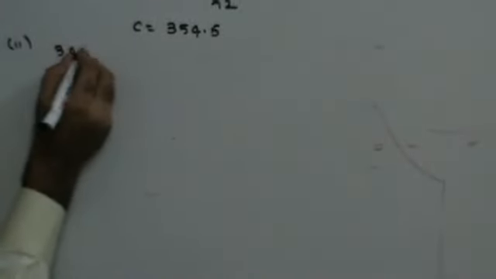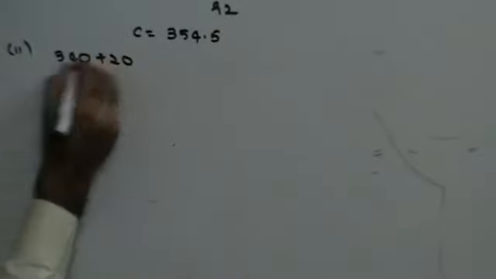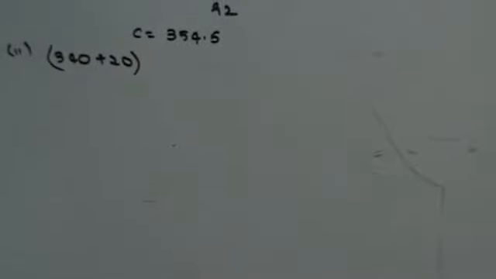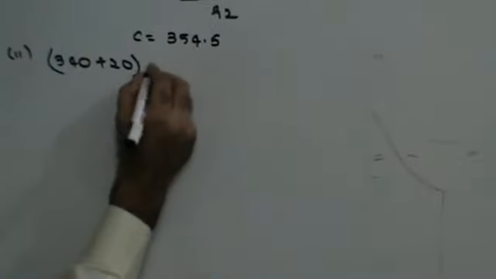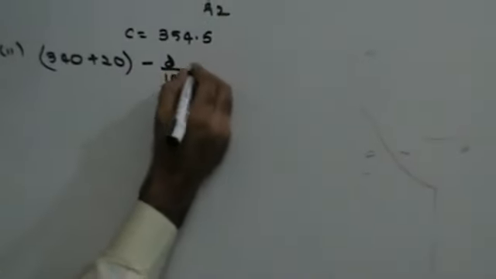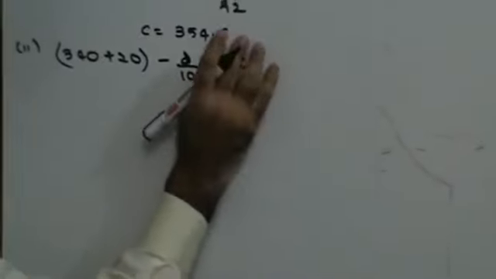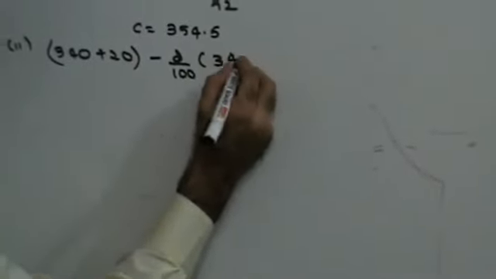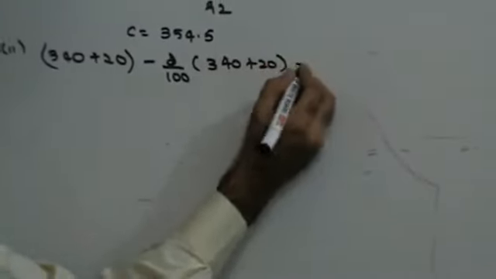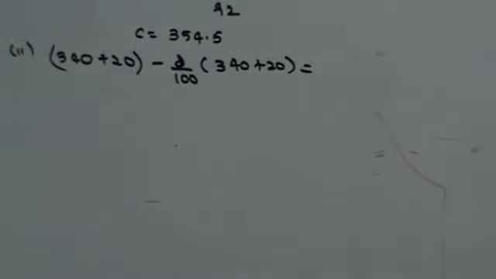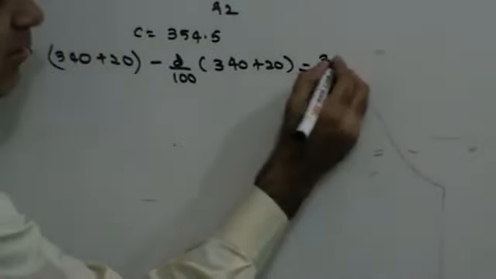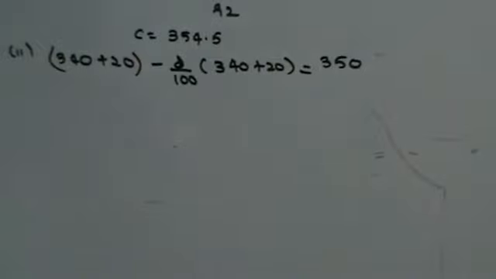Let's see this. I had 340 centimeters of water on Tuesday evening, plus I added 20 centimeters of water on Wednesday morning, out of which I removed d% of water. Out of the total water, d% of water was removed. So at the end on Wednesday, I had 350 centimeters of water.